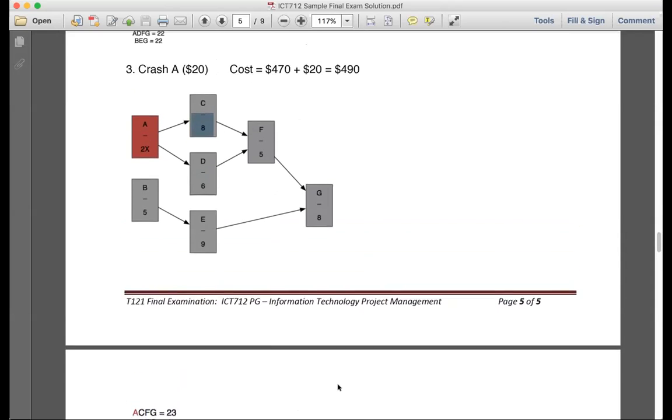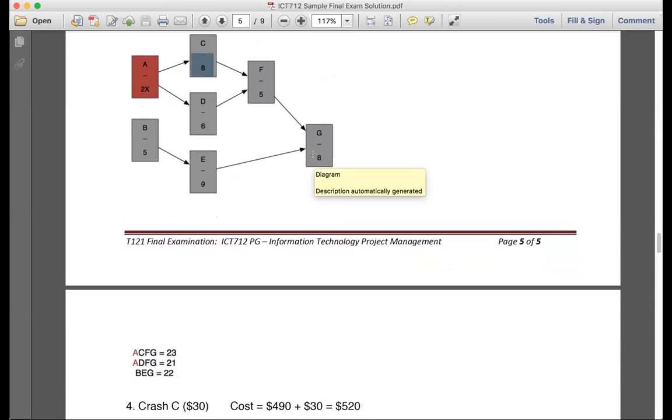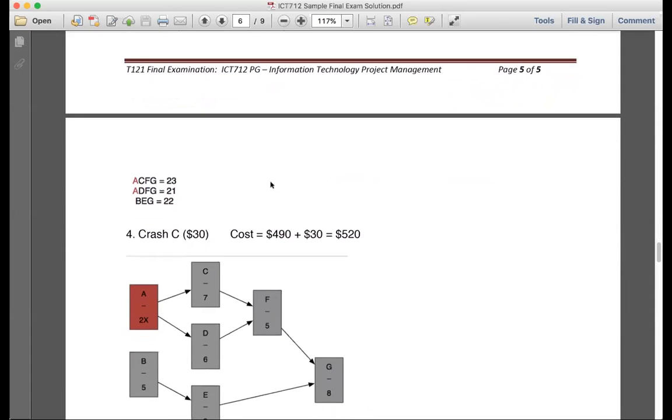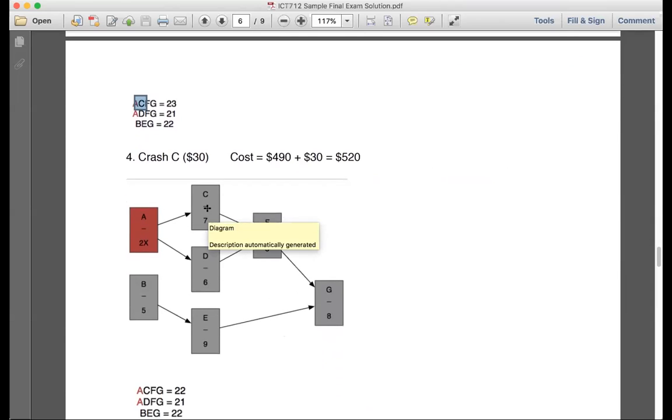The cost is going to be 490 plus 30 equals 520. And instead of 8, I'm going to have 7. And instead of 23, 21, 22, I am now reducing 1 from C. I now have 22, 21, 22, which is what we got here. Does that make sense?